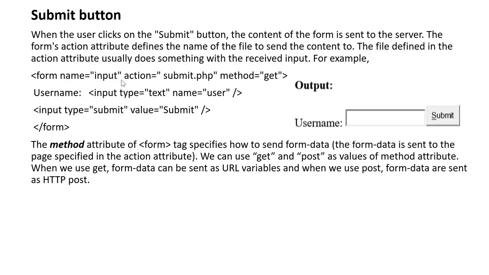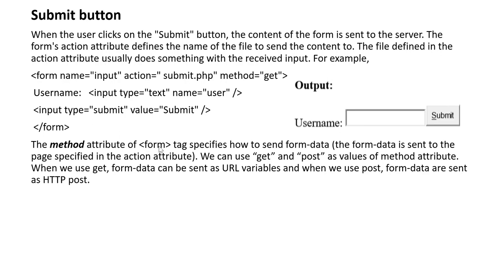Username, input type, this is a simple HTML form. Input type submit, value equal to submit. So the value of the submit button is submit. This submit value is shown in this button here. This type attribute tells us this is the submit button type.